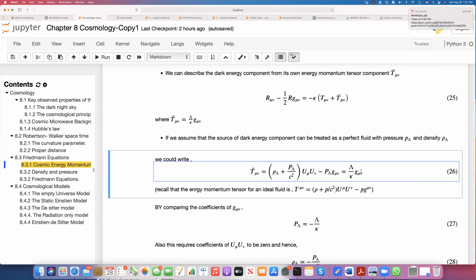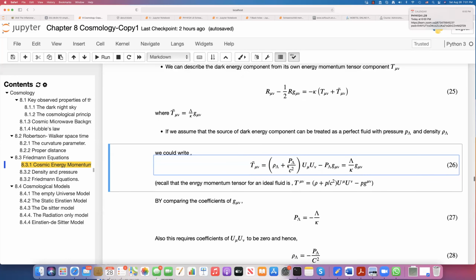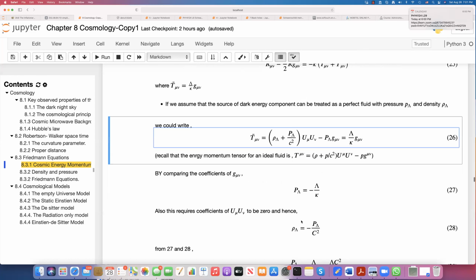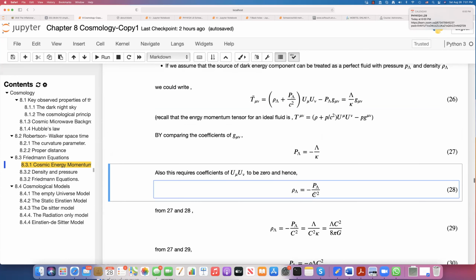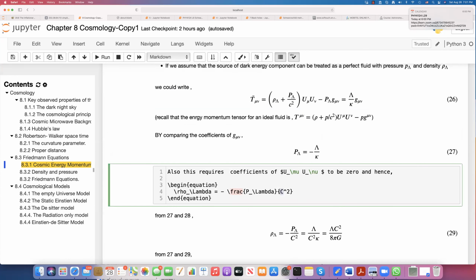So P lambda over C squared plus rho lambda should be equal to 0, which will lead to this particular equation. Rho lambda is the density, and P lambda is the pressure, and there is a relation between those two. And this C is the speed of light.